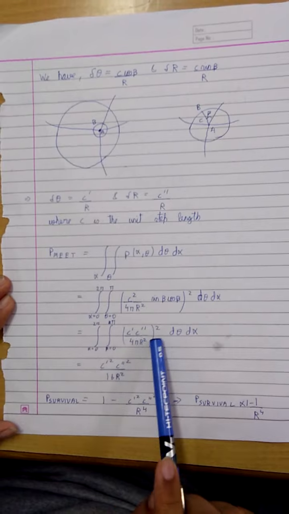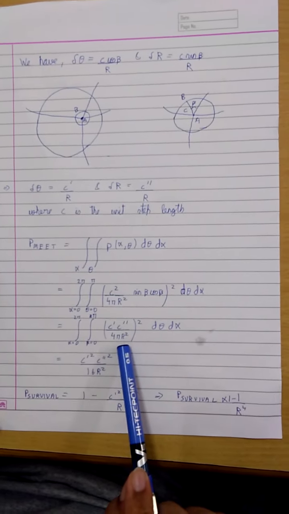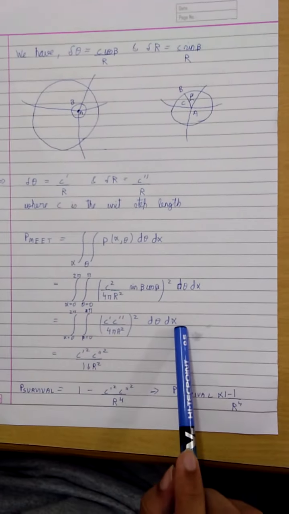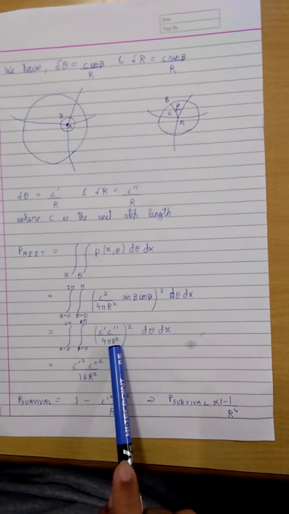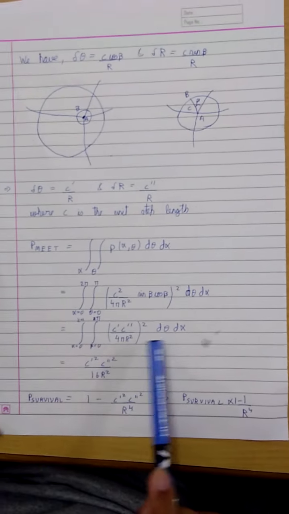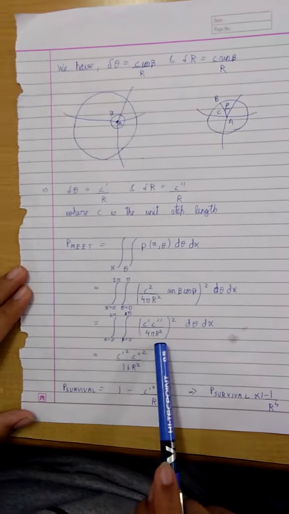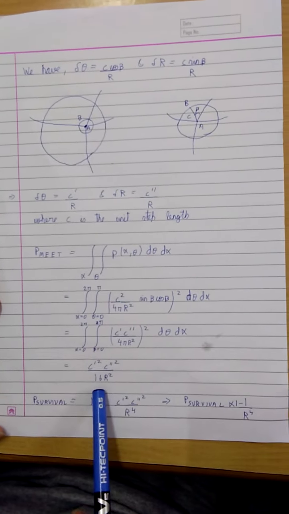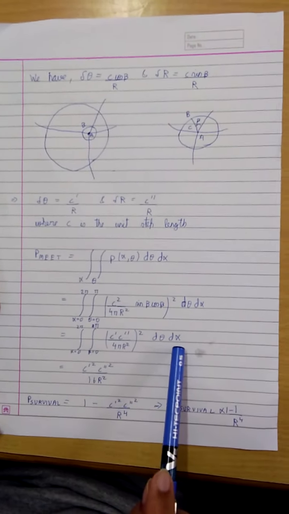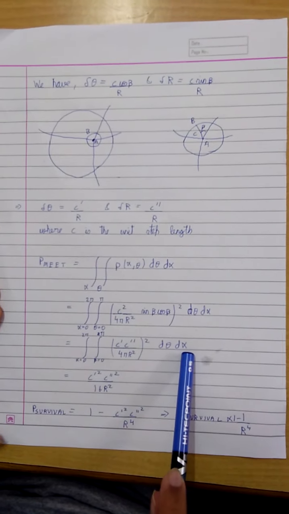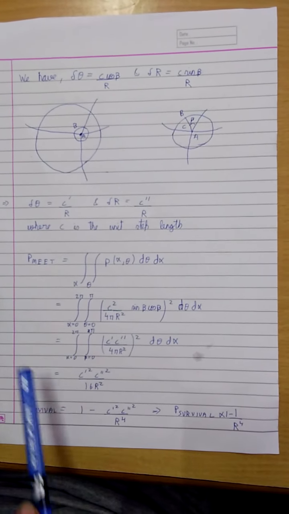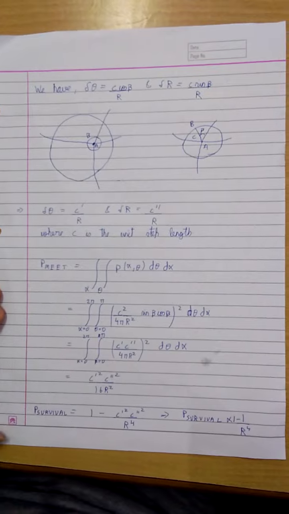This is equivalent to C dash C double dash by 4 pi capital R square, whole square, into d theta d alpha. This being a constant can be taken out of the integral and we calculate the net answer to be as follows. The 4 pi square will get cut with the integral values of d theta d alpha. This is the probability of meeting at a point.